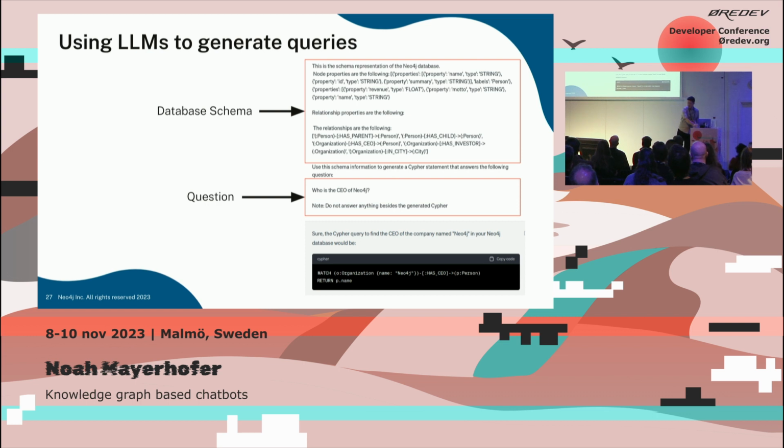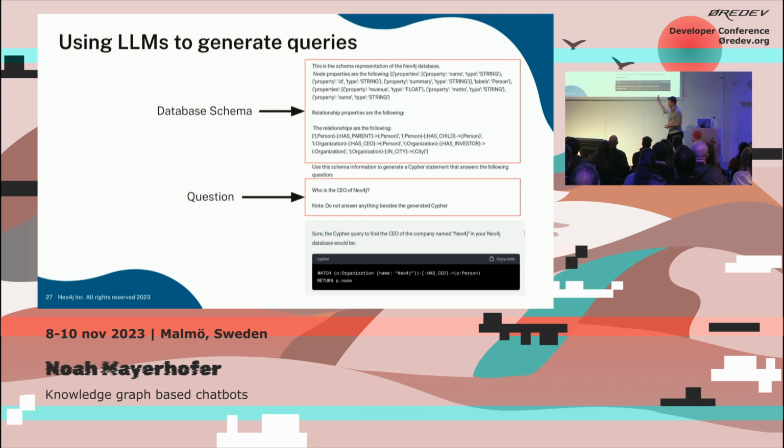How this Cypher generation works is quite simple, actually. We basically just ask the LLM, please generate some Cypher to answer this question. But we give it some extra information in the beginning. This is the database schema, or just a text representation of the schema. So it describes which kinds of nodes are in the database, which relationships there are, which nodes they go between, and what kind of properties the nodes have. With a little bit of information, the LLM knows what kind of queries it can create.